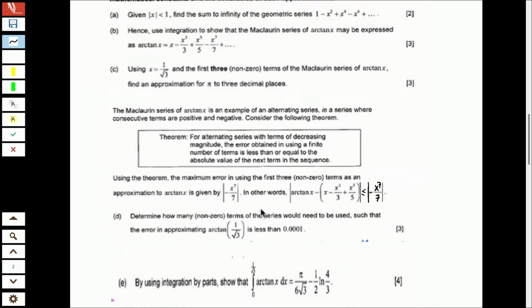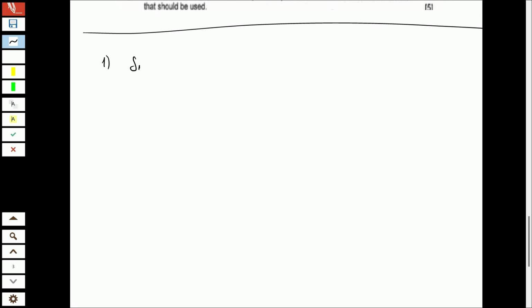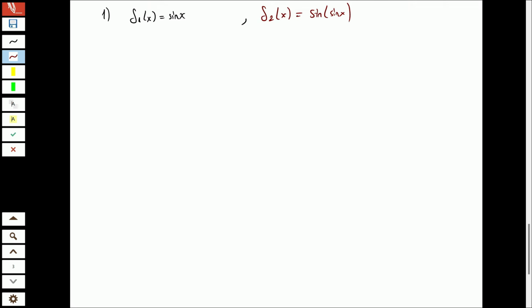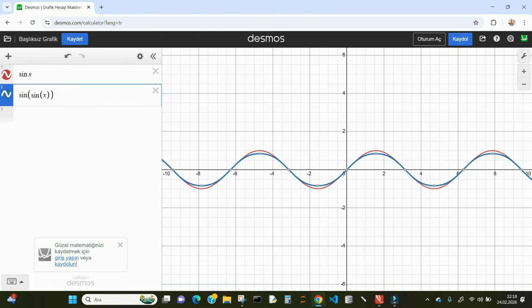Okay, we're going to first graph sin x and then S_2(x) equals sin(sin x). It is almost the same. Actually, the blue one is S_2 and the red one is sin x.